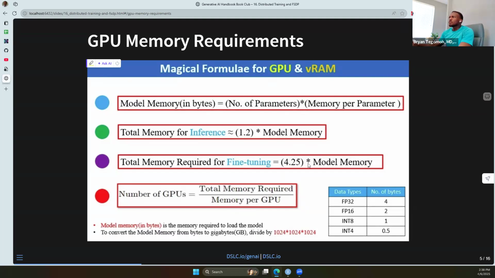So a lot of computational resources go into training most of these models. It really depends on how many parameters you have, and lots of them have trillions and trillions of parameters, how much memory per parameter, inference compute, etc.